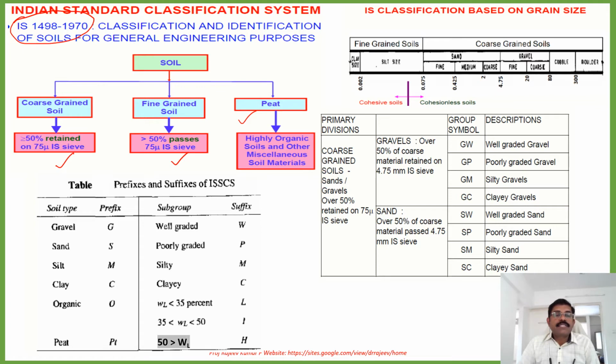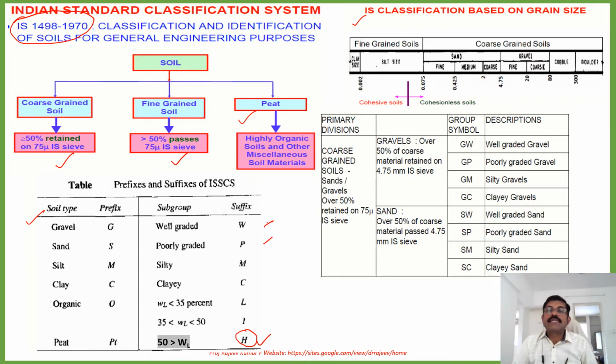These are the notations for defining the soils given here, and there are subgroups also: well graded, poorly graded, etc. These are the codal provisions. If the liquid limit is more than 50%, the soil is defined as highly compressible, denoted with capital H. This chart shows how soils are classified based on grain size.